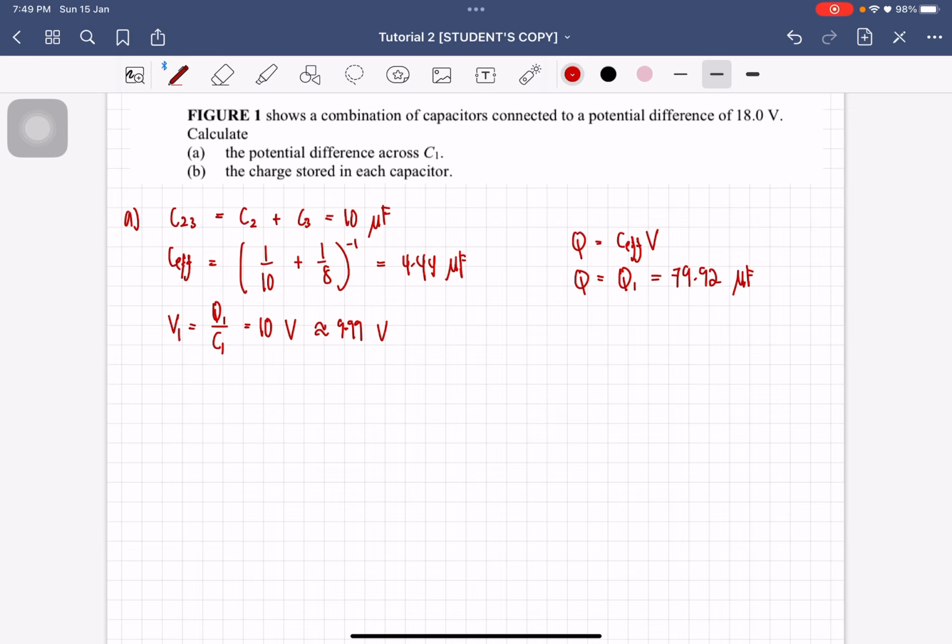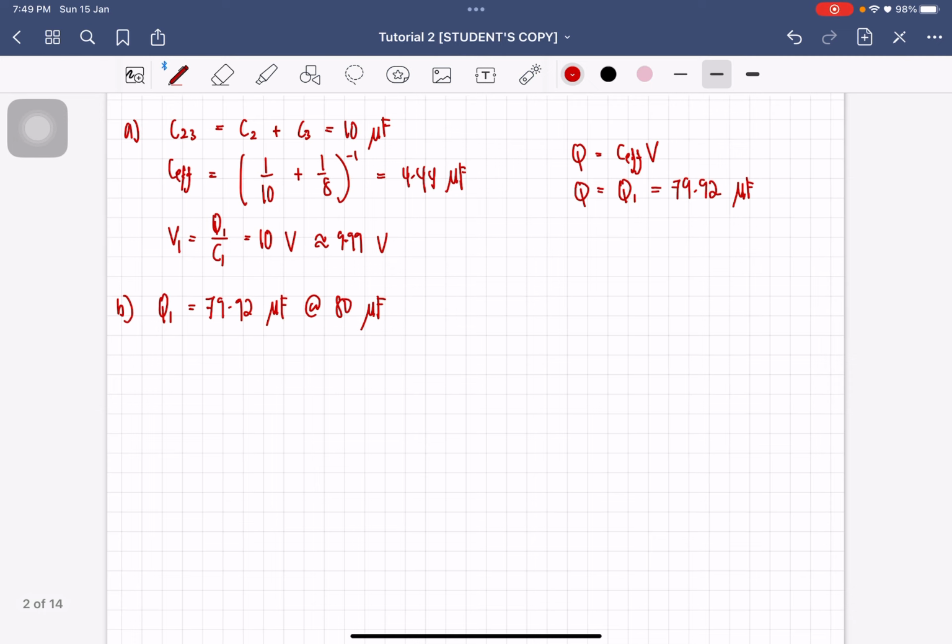Next we have to determine the charge stored on each capacitor. We've obtained the charge on capacitor 1, which is 79.92 microcoulomb, or 80 microcoulomb based on the final answer. Now we have to find Q2, which is basically equal to C2 V2.